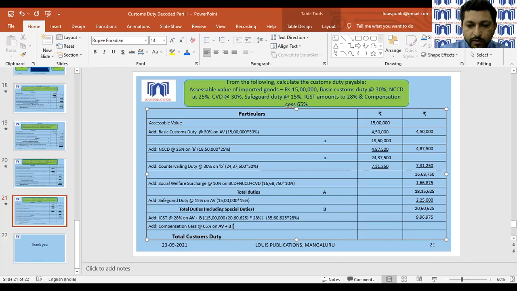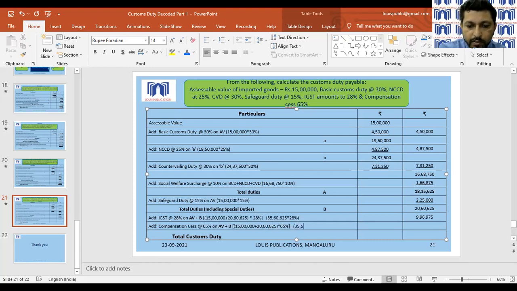So let's do the calculation. It is once again 15 lakh plus 20 lakh 60,625, the B value, into 65%. So once again, the total is the same as you got for IGST.